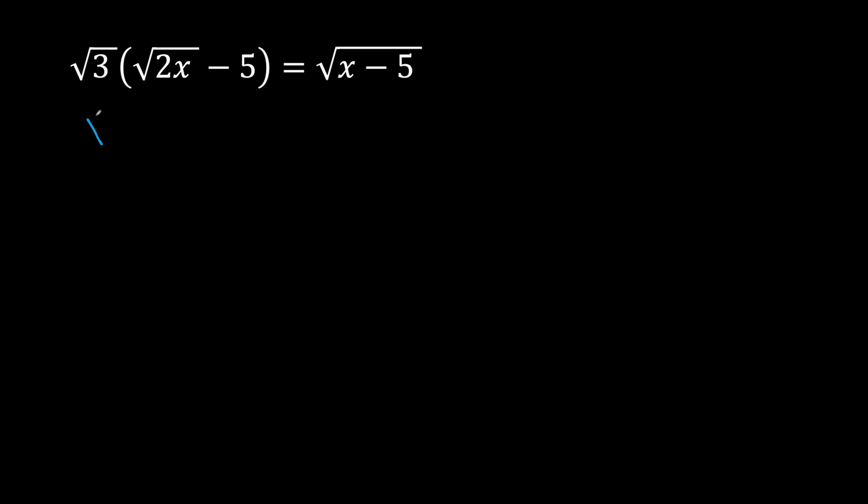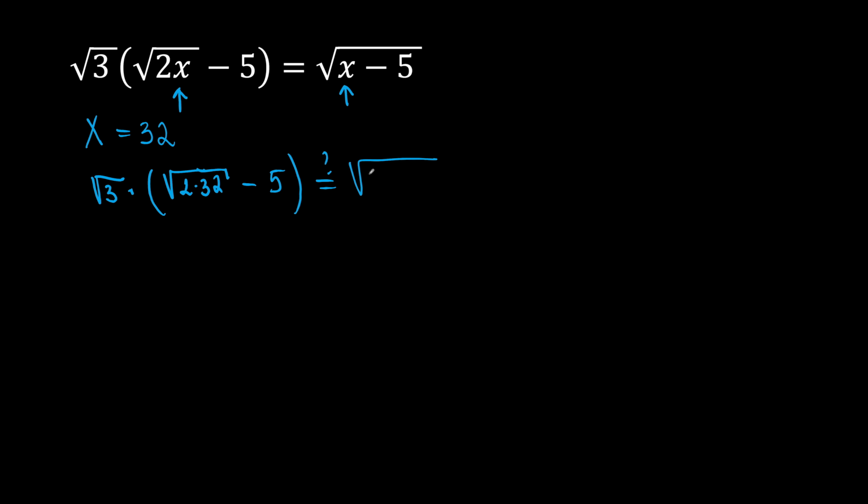Let's check the solution x is equal to 32 to see if it's a true solution. So we are going to plug in 32 where we see x. Square root of 3 times square root of 2 times 32 minus 5. Is it equal to square root of 32 minus 5? So square root of 3 times 2 times 32 is 64.